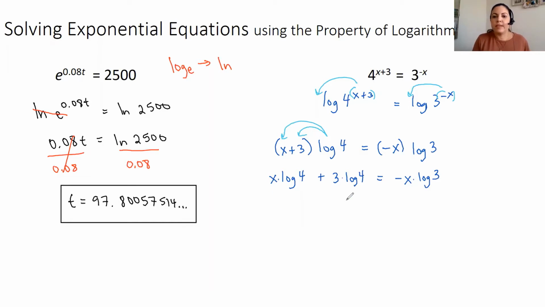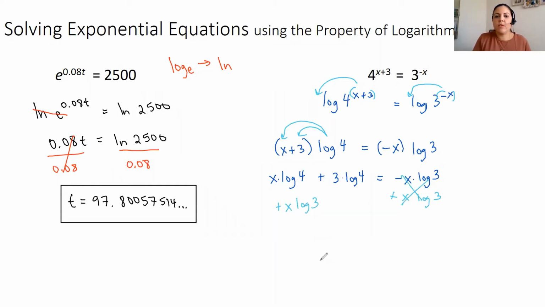And again, as I was saying, when we're solving for x, if we have two x's, one on each side, we want to get those on the same side of the equation so that we can eventually get an answer in the form x equals. So we have a couple options here. I don't really love negatives, so I'm going to add x log 3 over to the other side. And I'm going to do two steps at once.